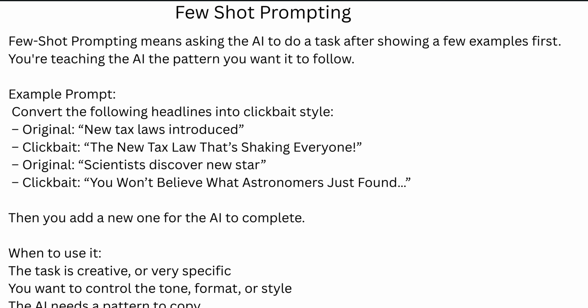Now repeat it. You're teaching the AI what good looks like right inside the prompt. I hope you understand that. Maybe you are trying to get social media captions and you say, these are old captions, now write this caption based on these examples.